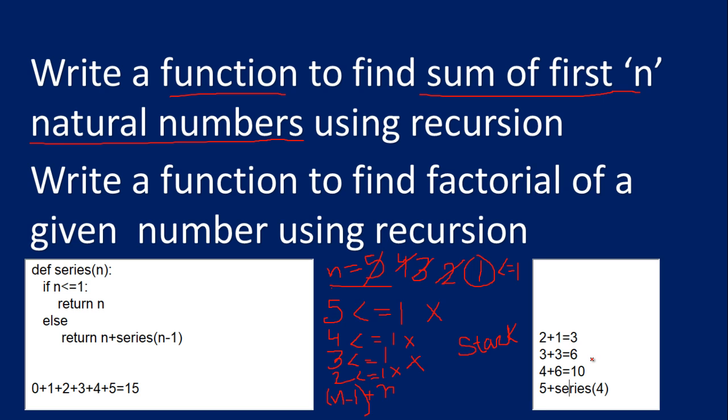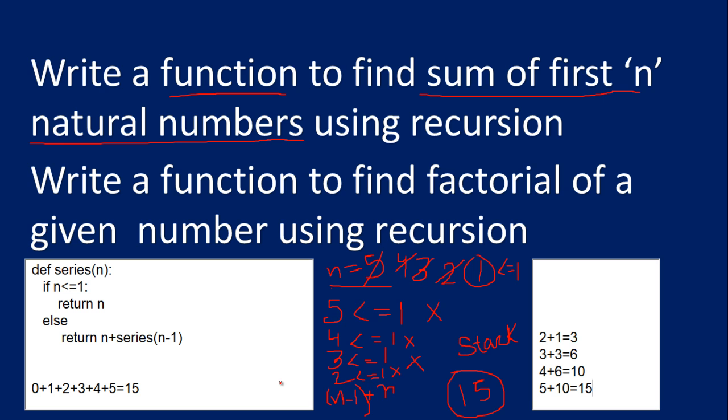This 10 will return to the call of series 4, and we will get the answer as 15, and then this 15 will be sent to the function. So in this way the recursion works.